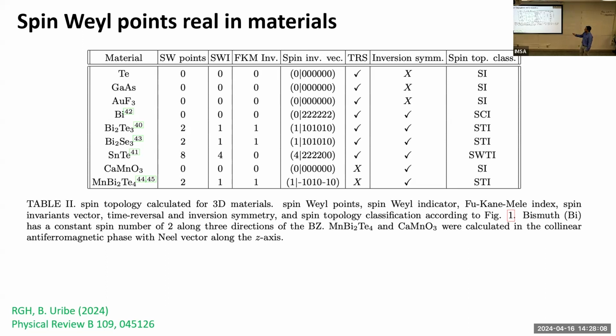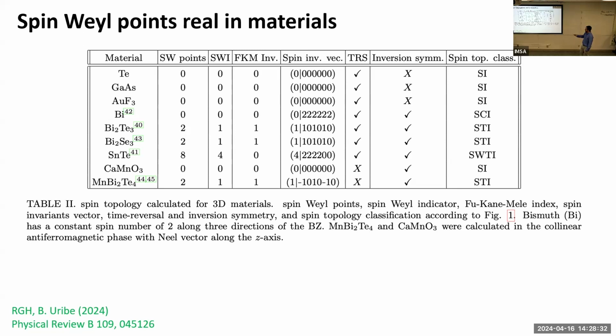For example, for a normal insulator, we don't have spin numbers and spin indicator. We don't have spin by points. For bismuth, for example, we don't have spin by points, but we have spin Chern numbers in all the phases of the material. Sometimes this is called higher topological insulator, for example, the bismuth.